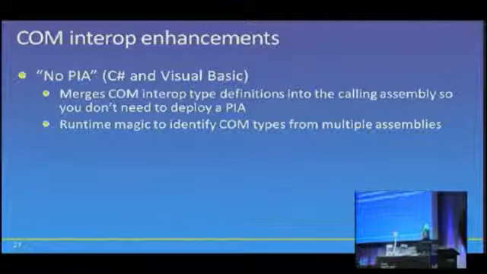And if you've seen the Office primary interop assemblies, they're pretty humongous. NoPIA works in both C# and Visual Basic. It's actually a runtime level feature. The idea is that it merges those COM interop type definitions into your assembly so that you don't need to ship those interop assemblies.